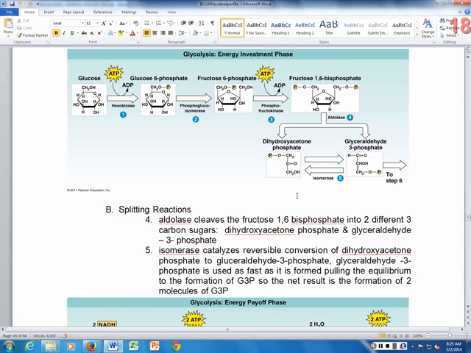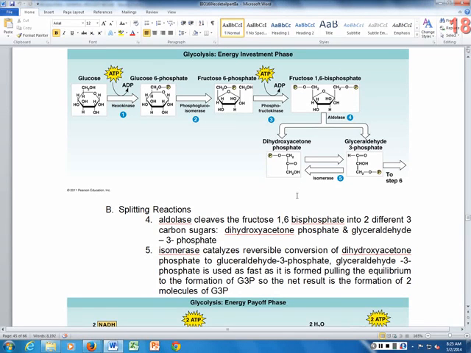So one of the things it's going to make when it does that is dihydroxyacetone phosphate. The other one is glyceraldehyde 3-phosphate. So these two are interchangeable, but because of equilibrium, if you take away this one, and it's trying to keep half and half of everything, this one's going to keep getting converted into this.